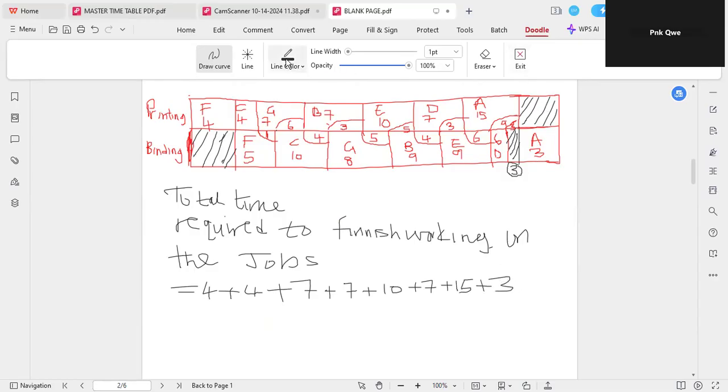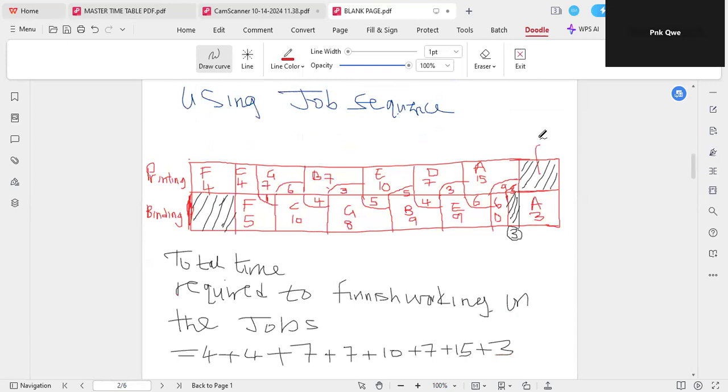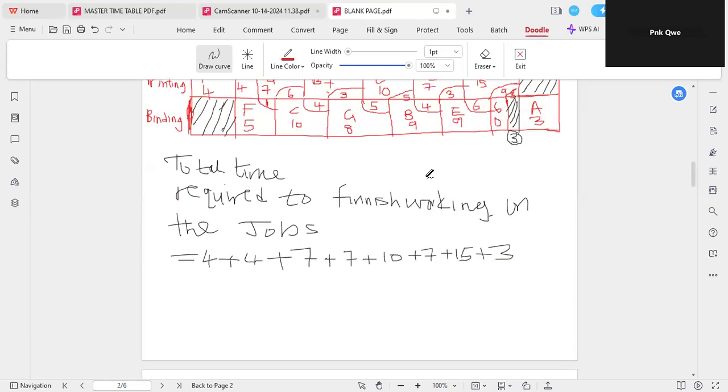The 3 we're talking about is coming from here. So it will give us the answer there. Or you can go for the binding hours.